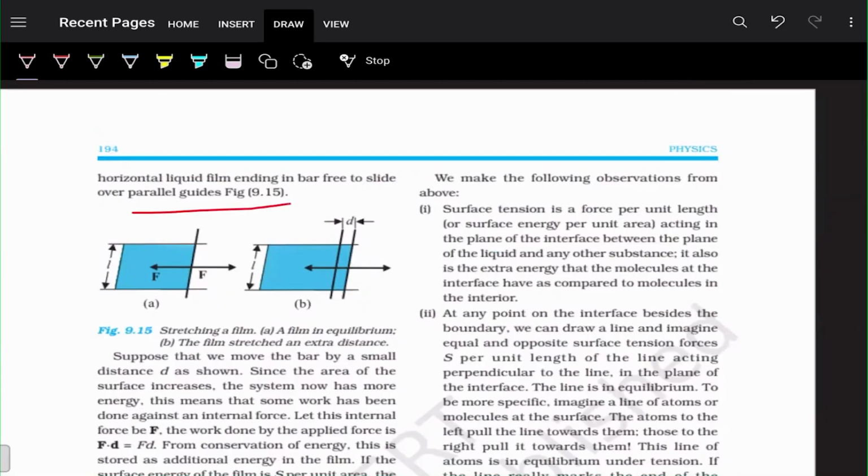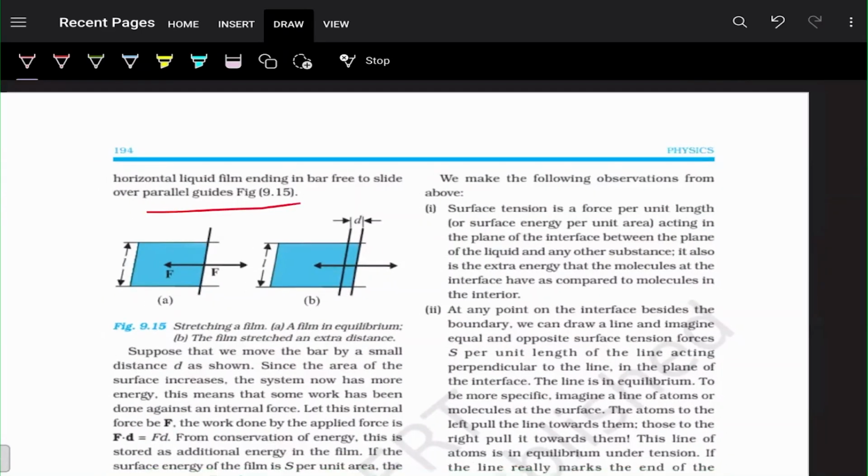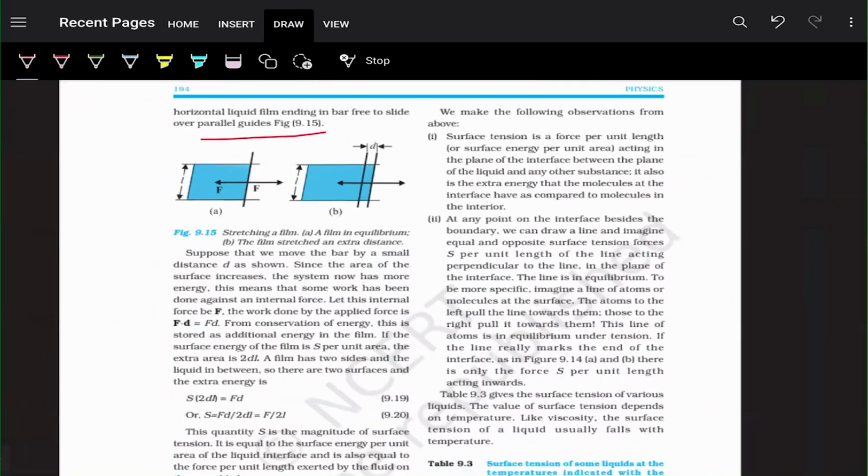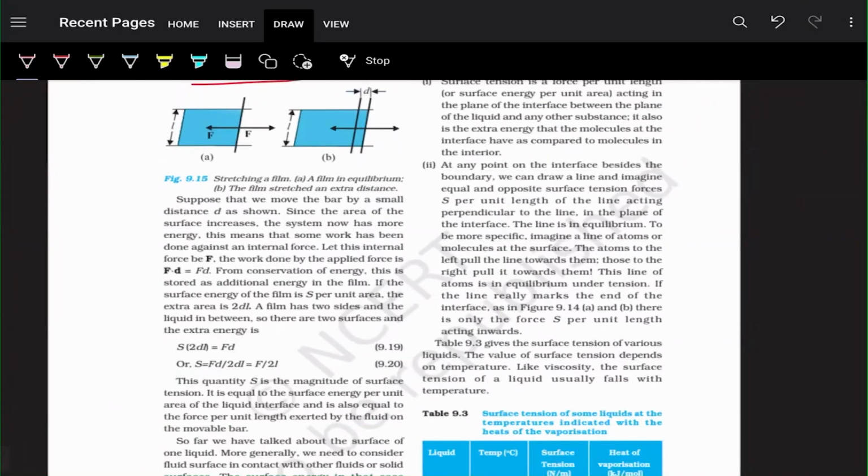Okay, see this. So from that, we have derived the relation between surface tension and surface energy.